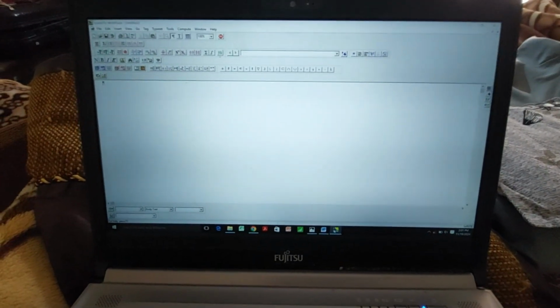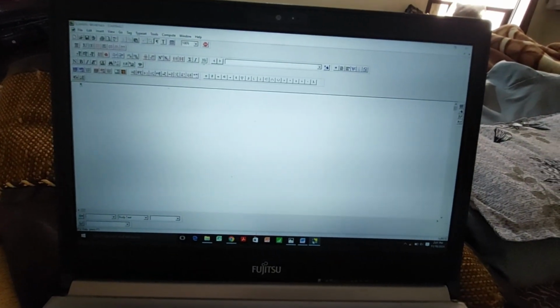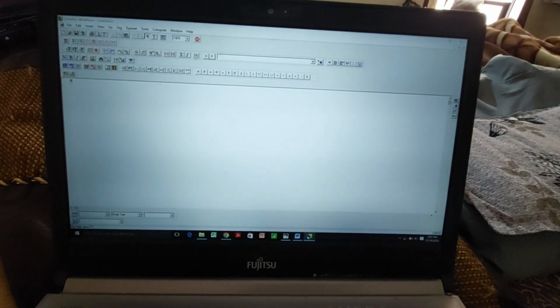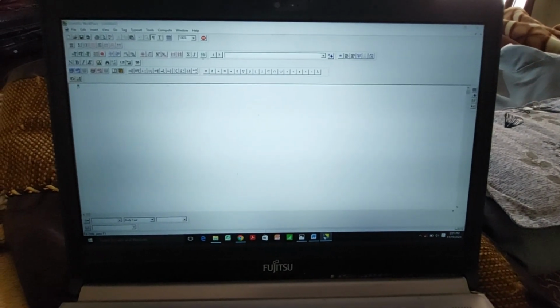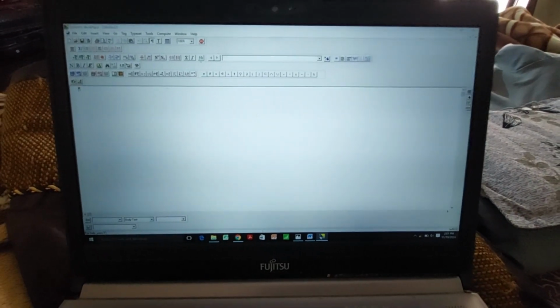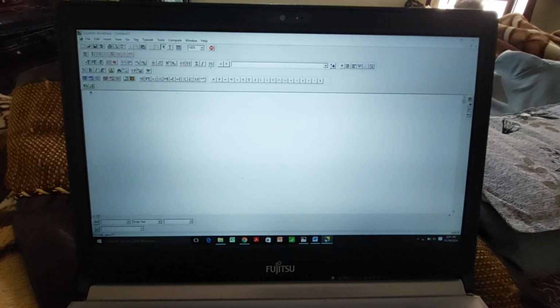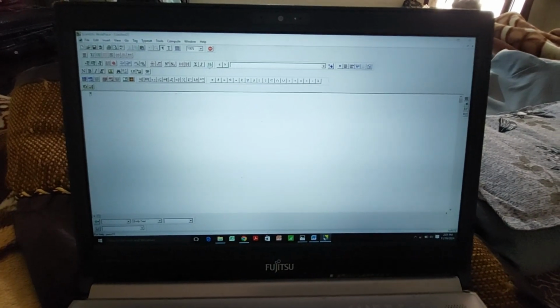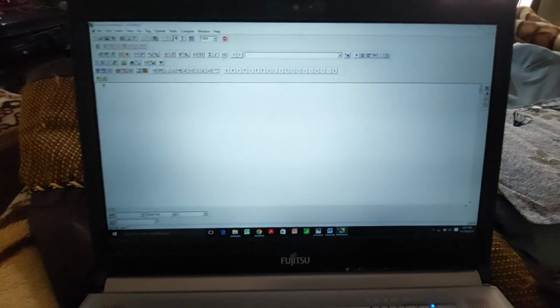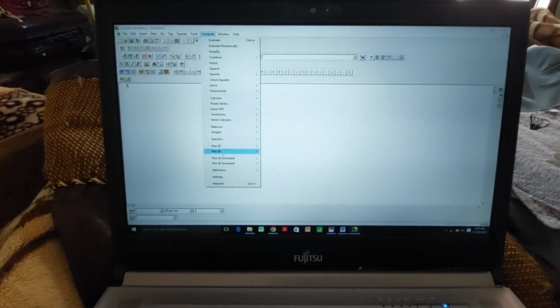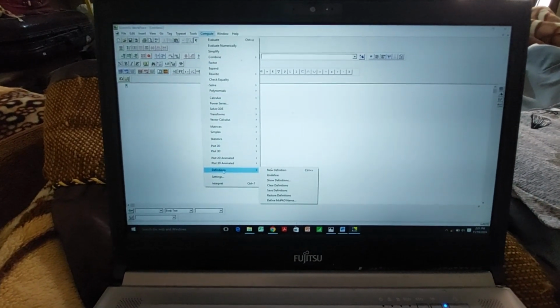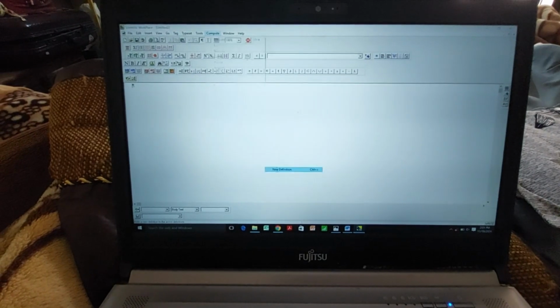Okay, so now we have the software part of it, and we have a new LaTeX file. Now the first thing that we need to do is define the function and variables. To define a function, it can be done using compute, then definitions, and new definition.